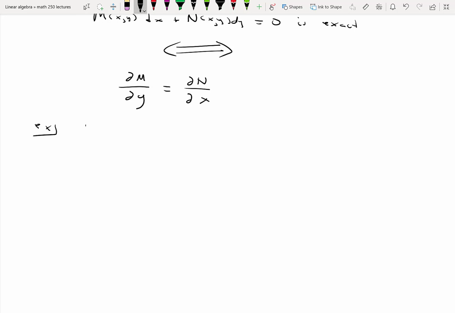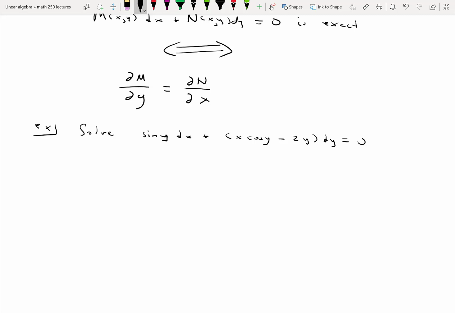Suppose you want to solve sine of y dx plus x times cosine of y minus 2y dy equals 0. This is a first order differential equation in differential form, and it's not separable.